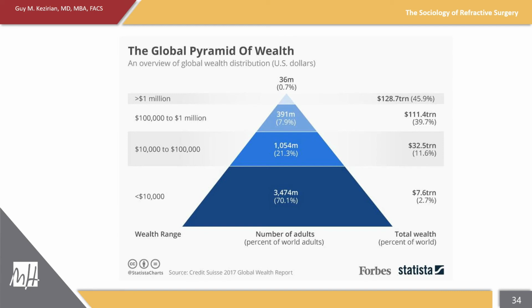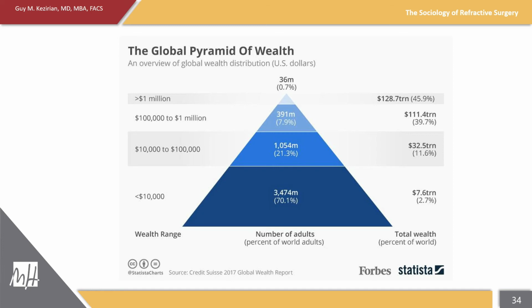So I hope by this point the concept that economics and vision are inextricably linked has become quite clear. The global pyramid of wealth applies to all aspects of life, but it's not equally divided. There's far more people in the lower parts of the socioeconomic spectrum than at the top.